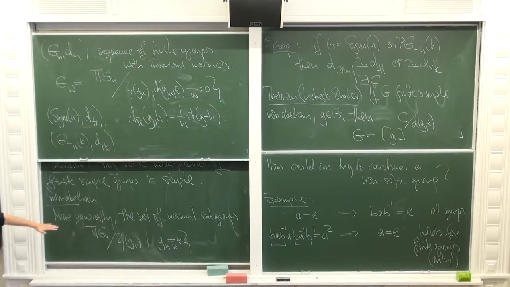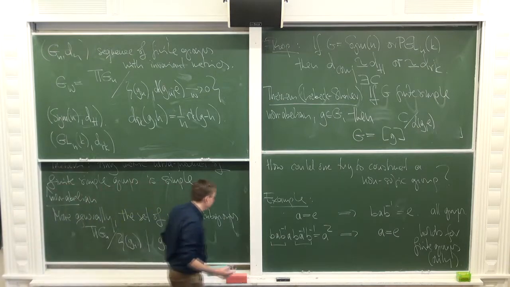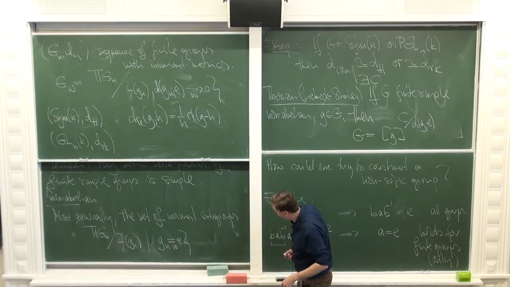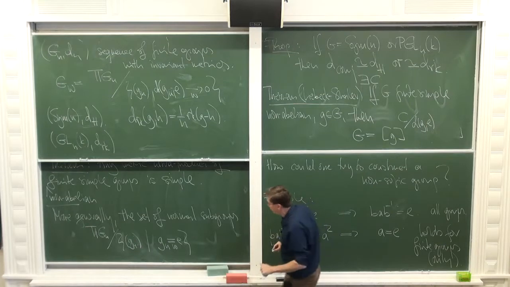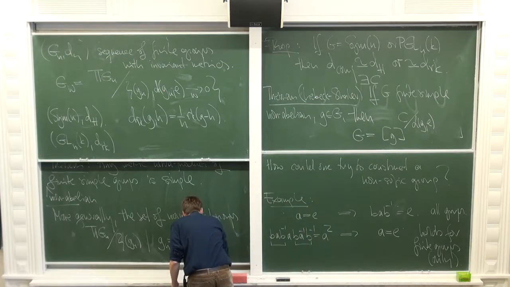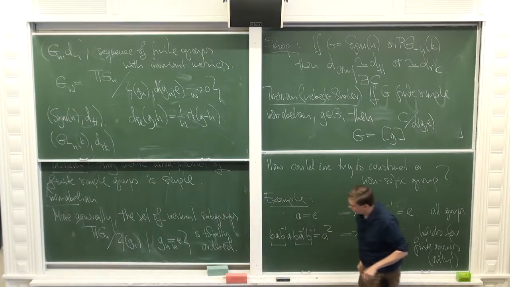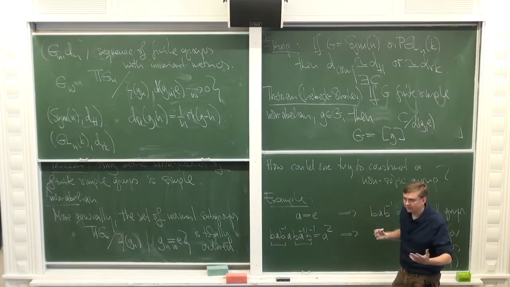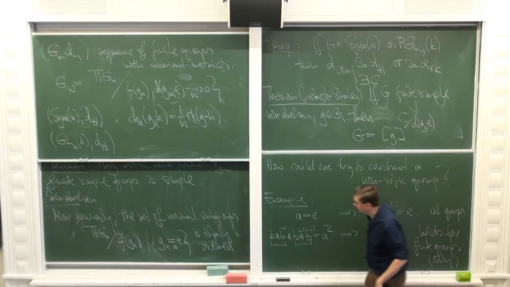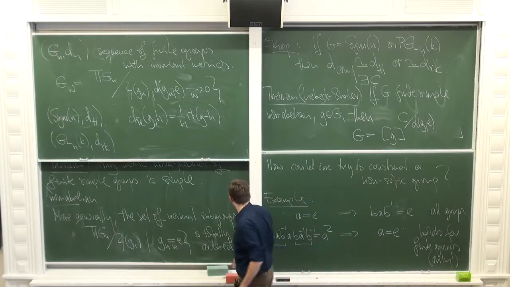And for this algebraic ultraproduct, the set of normal subgroups, which is usually very complicated for many groups, is totally ordered. So any two normal subgroups, one is contained in the other. You don't know which one is contained in which, but it's totally ordered.